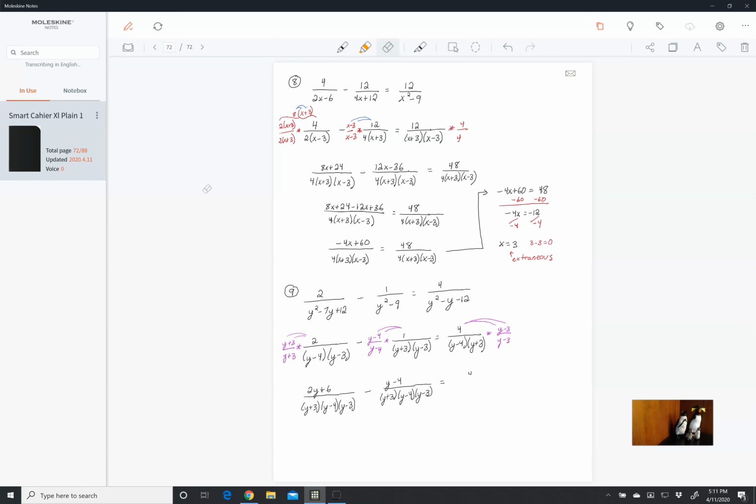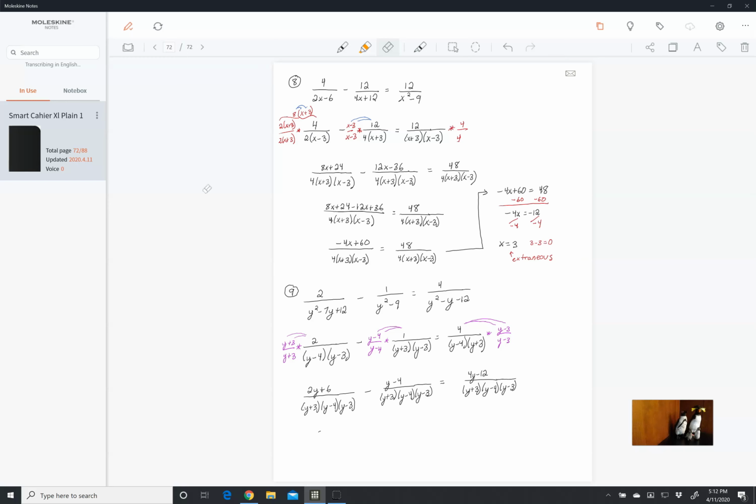And this becomes a 4y minus 12. Y plus 3, y minus 4, y minus 3. I'm just switching the order just so that it's really clear that we have the same denominator all the way through. Okay. I'm going to put this in here as an extra step again, but you don't have to.